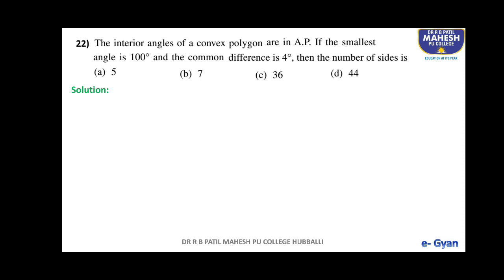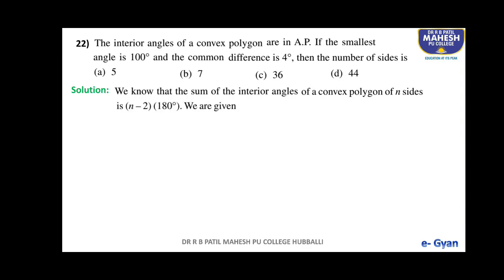Dear students, the sum of interior angles of a convex polygon is always written as (n minus 2) into 180 degree. So let us check here. We know that the sum of the interior angles of a convex polygon of n sides is (n minus 2) into 180 degree.